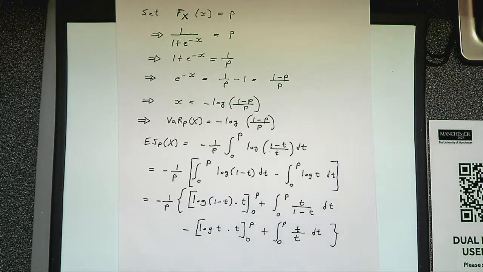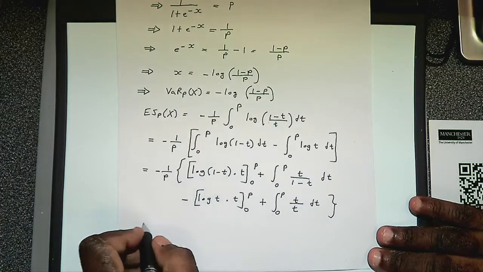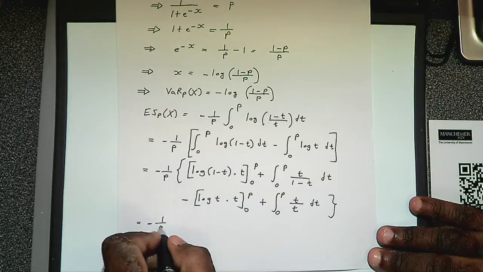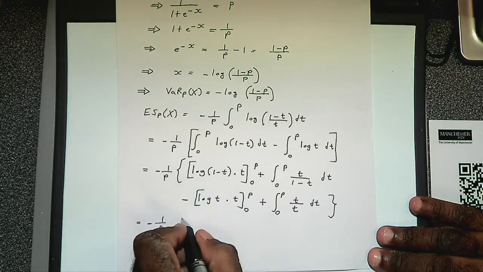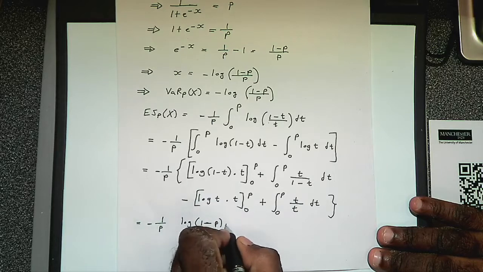Okay, guys, let me know if I'm wrong. It's quite possible I may be wrong. Yeah, so now taking the limits at p, you get log of 1 minus p times p.